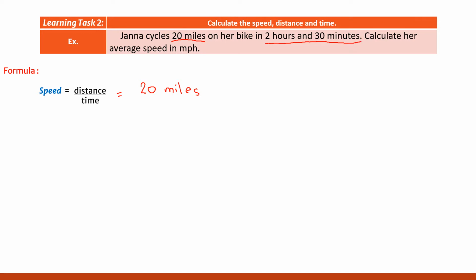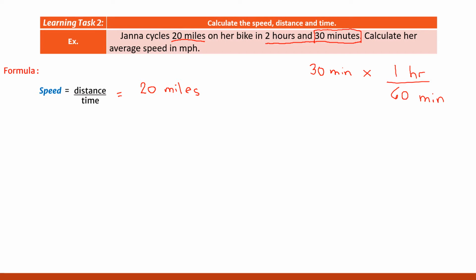Now, so happen na meron ulit tayo ditong 30 minutes. So, i-convert natin itong minutes into hour. Sabi natin before, pag sinabing 30 minutes, upang ma-convert natin into hour, we need to multiply this by 1 hour over 60 minutes.